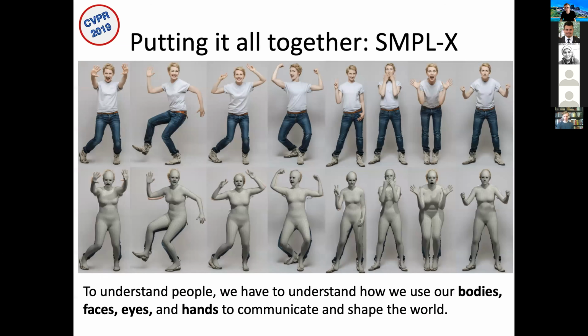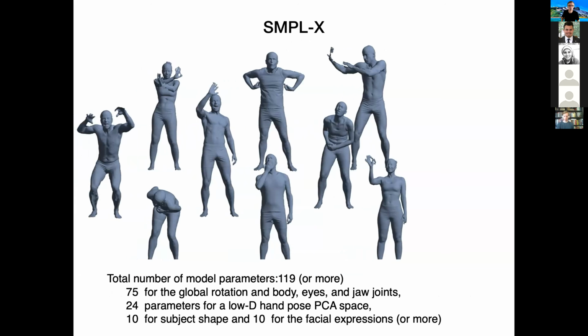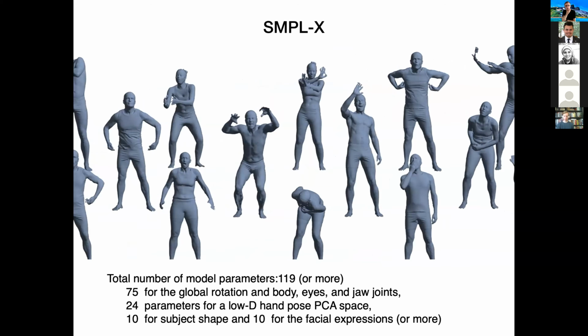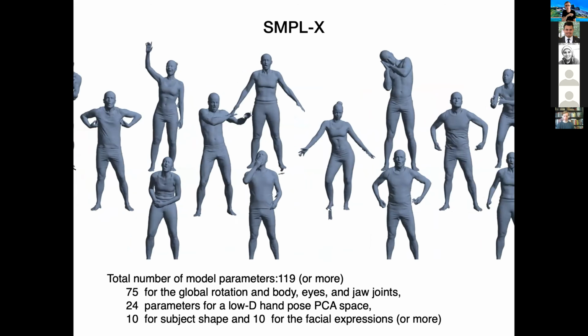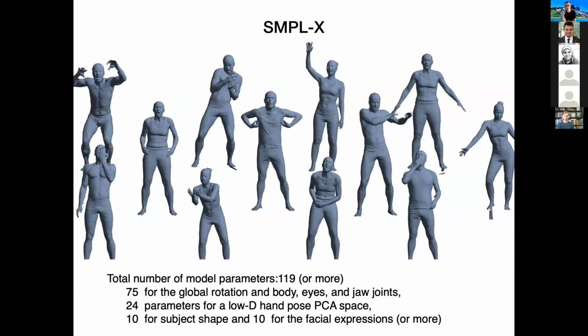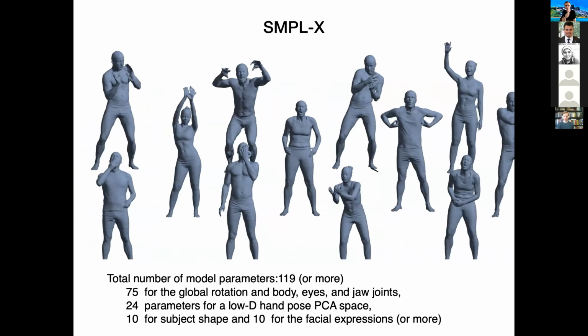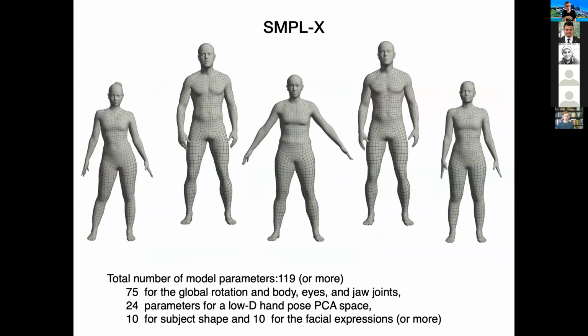So with those two things, I'm not going into great detail here of how we put it all together. We came up with SMPL-X, which is expressive, and you'll see more about that when Dino and Dimitris talk. It has more parameters, of course, than SMPL because it has the expression parameters for the face, the jaw, and the hand parameters.